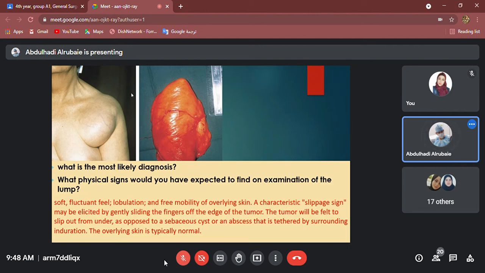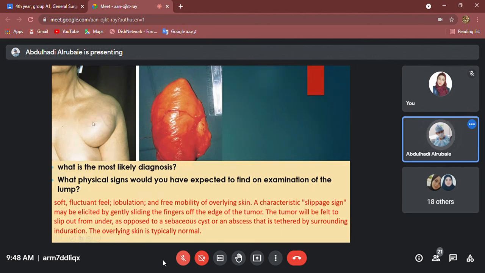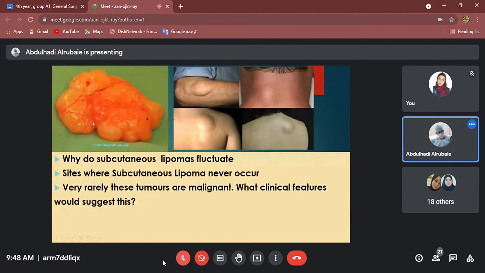This is contrary to the sebaceous cyst, which may be attached to the skin so that we cannot move the skin over it. Usually the skin over it is normal. We have no problem here with the skin. Okay.